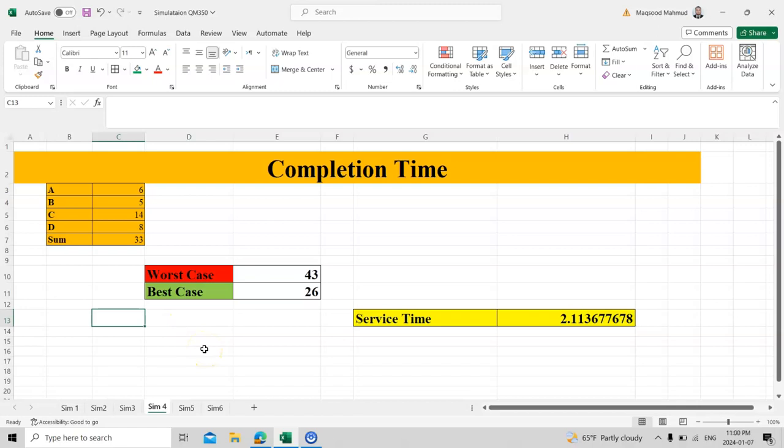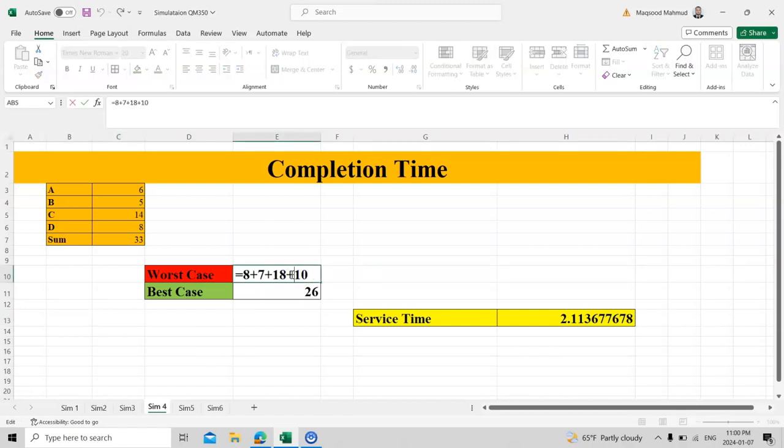Now we have, for example, completion time. Sometimes you complete your work or project in time, and sometimes it takes more weeks, sometimes less. If it takes more weeks, that is the worst case: 8 weeks, 7 weeks, 18 weeks, and 10 weeks, so the total is 43 weeks.